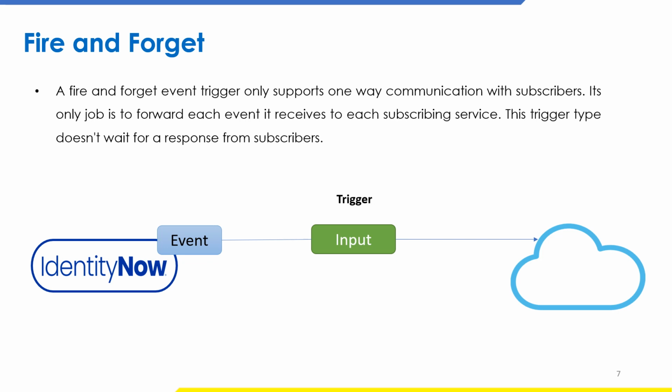The fire and forget event trigger's job is to forward each event it receives to each subscribing service. This trigger type doesn't wait for a response from subscribers. It has no way of knowing whether subscribers actually received the event, and it doesn't have any mechanism for resending the events. In this case, we will trigger and we consider that this trigger is successful.